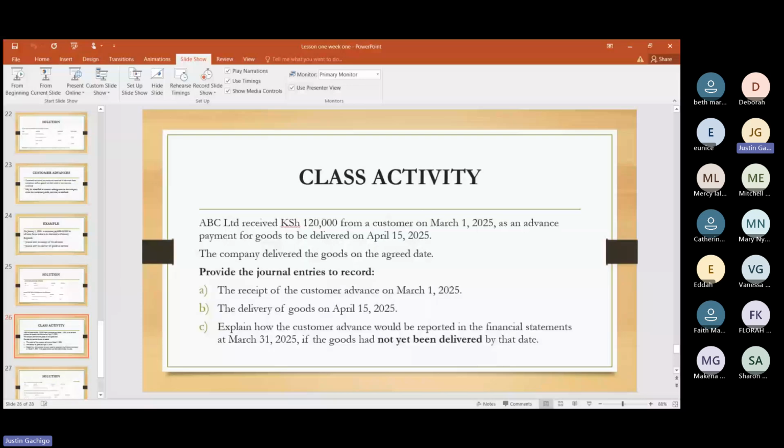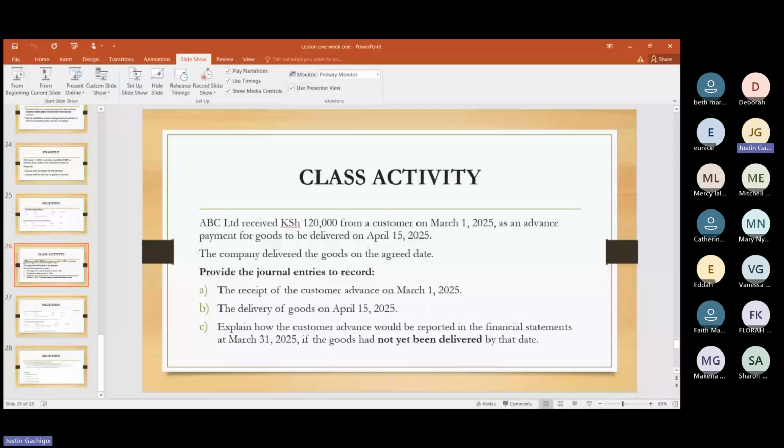So now there's another question here on the same. ABC Limited received Kenya shillings 120 from a customer on March 1, 2025 as an advance payment for goods to be delivered on April 15. The company delivered the good on the agreed date.